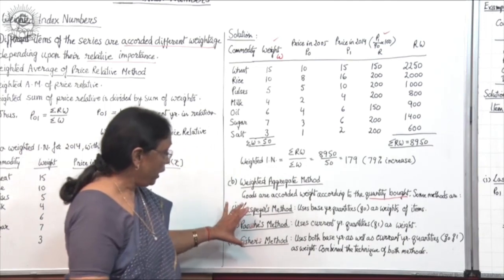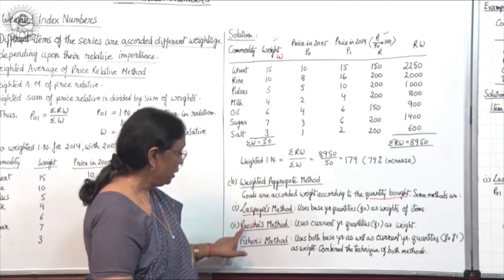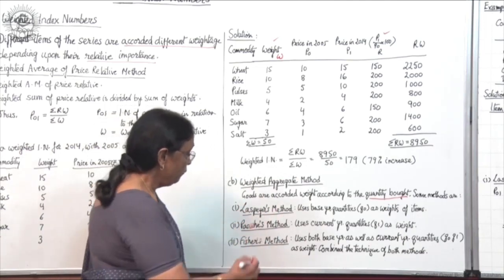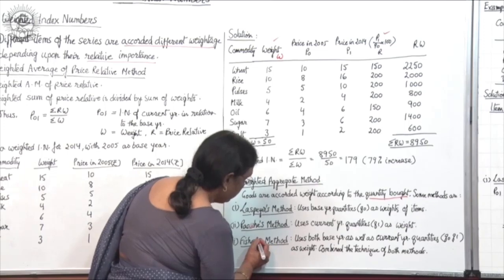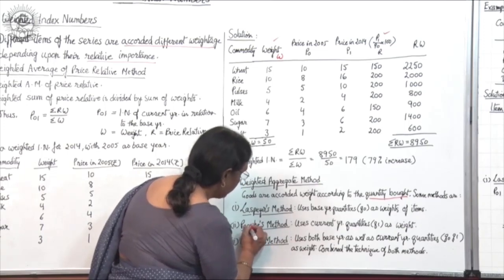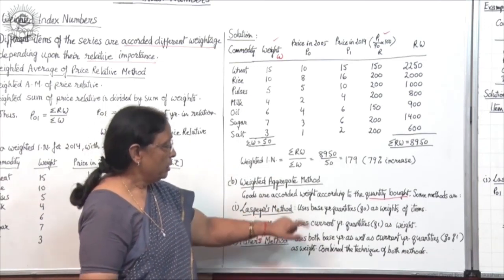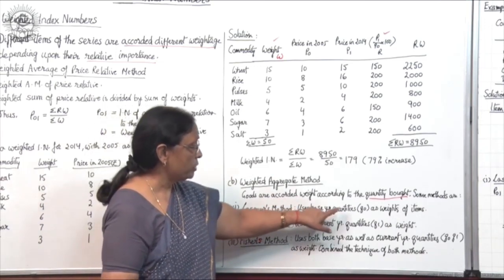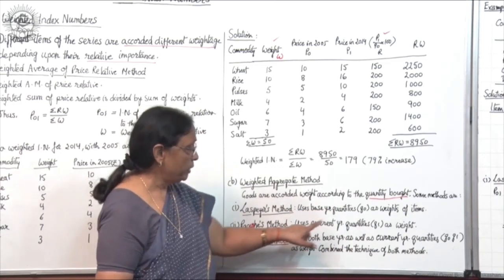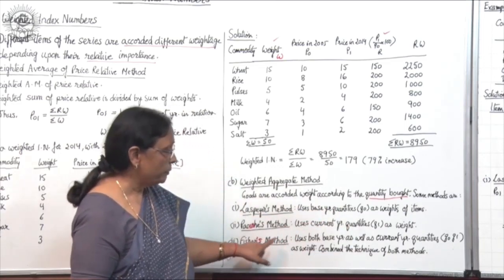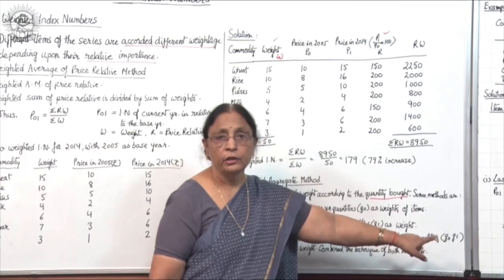So we have three methods: Laspeyres' method, Paasche's method and Fisher's method. These are on the basis of names. Laspeyres' method uses Q0, Paasche's method uses Q1, and Fisher's method uses Q0 and Q1 both.